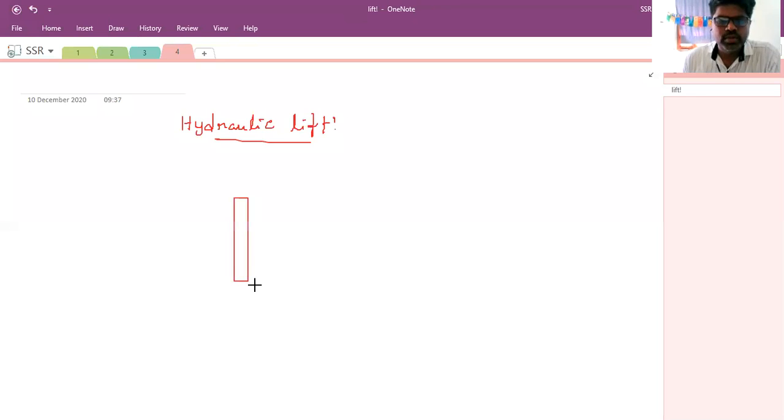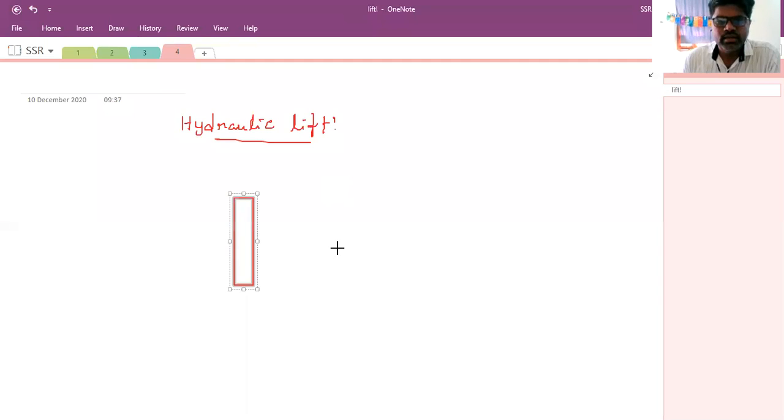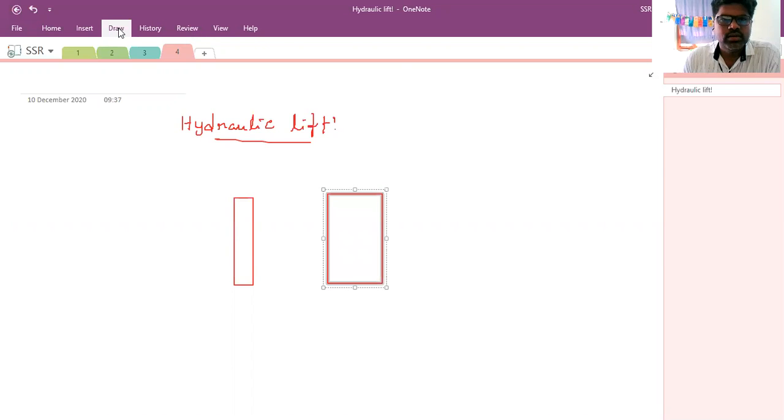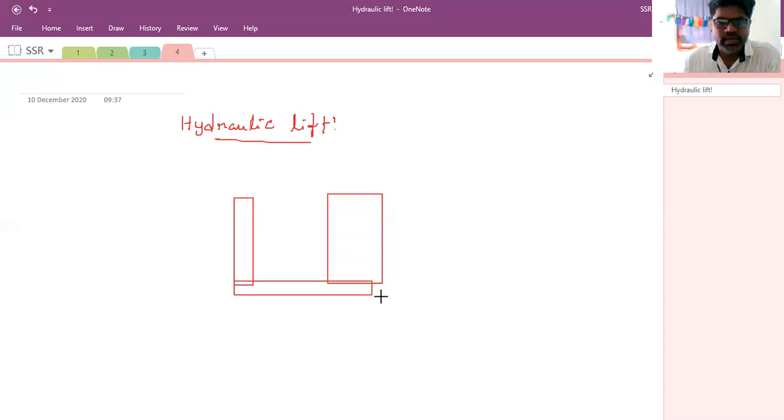Suppose this is a small tube on the left side, and on the right side a larger, bigger area tube. Both are at the same level. They are connected by one horizontal tube for the liquid movement. All of this is interconnected, and inside it the liquid is there. You can imagine the entire system interconnected.